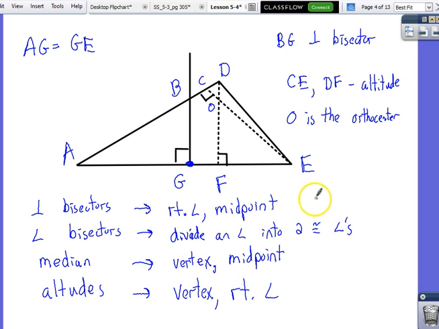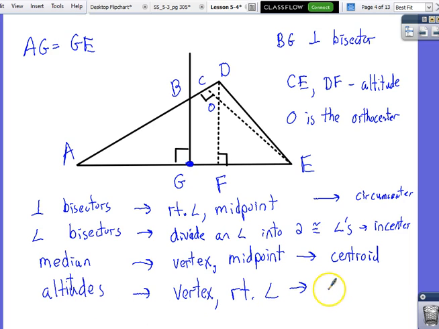So midpoint implies a circumcenter. Angle bisectors, an incenter. Medians are the centroid, and altitudes imply an orthocenter.